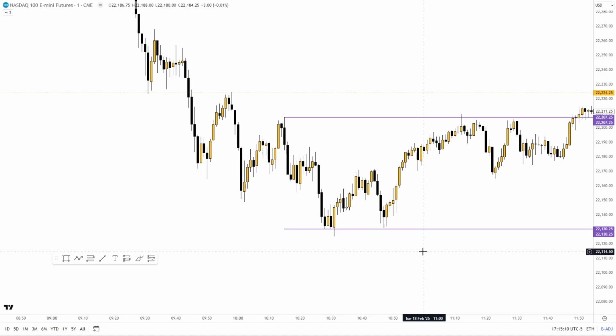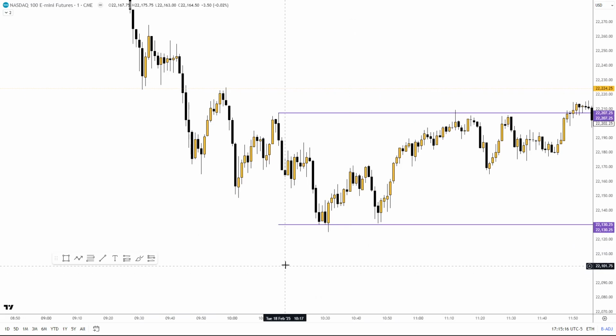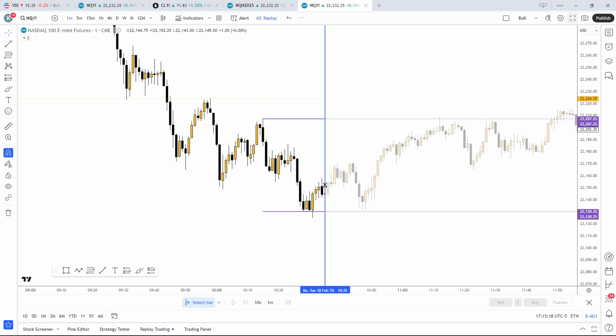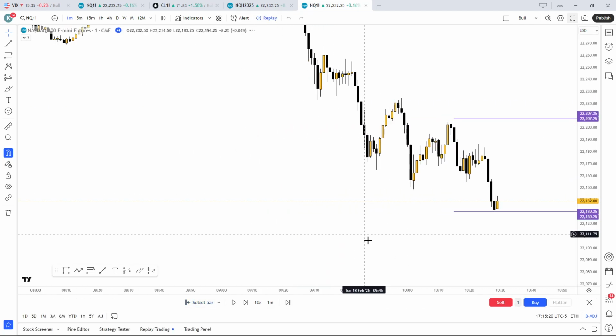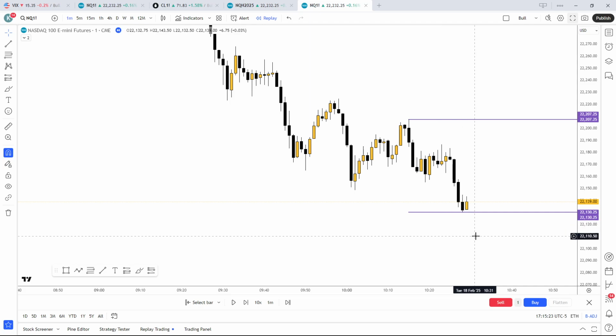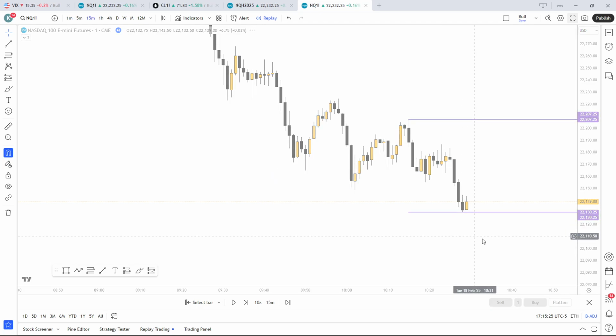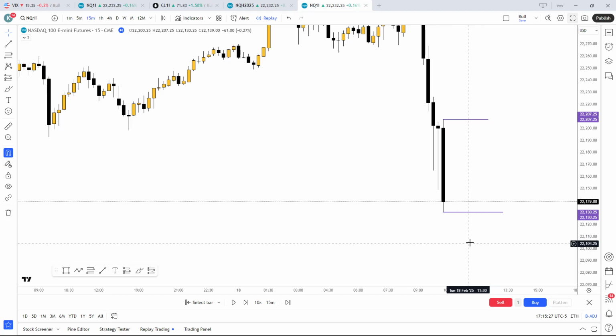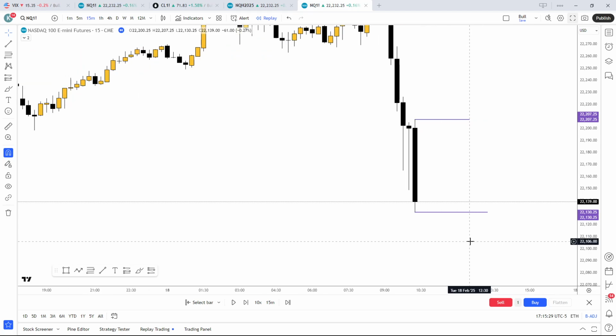Can you describe what you mean by manipulation legs and what you look for in a sweep? So ideally, let's use this prime example. If we look at our 15-minute time frame here, it's 10:29 in the morning.